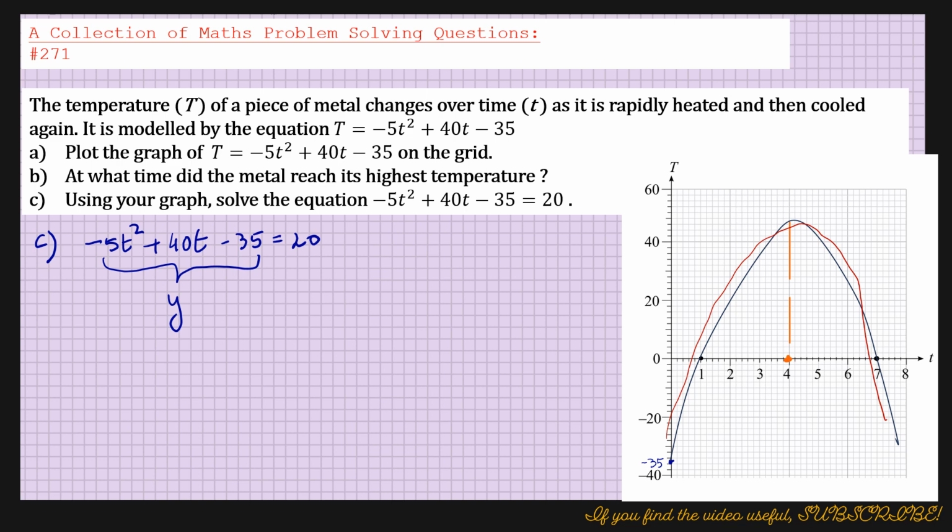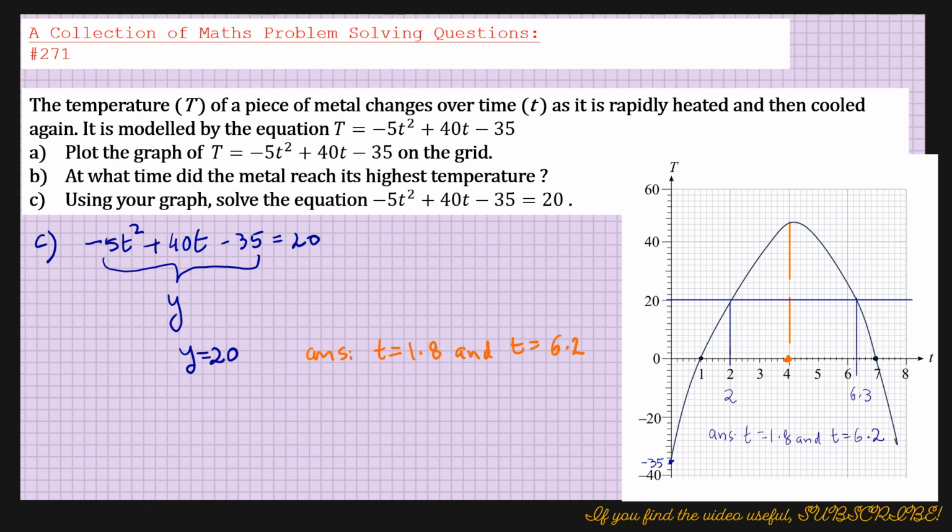That is the equation of the curve, y, and what we do is y equals 20. If I draw y equals 20 and read out the x-coordinates from the graph, I get t equals 2, and the other one I'm getting is t equals 6.3, somewhere around there.